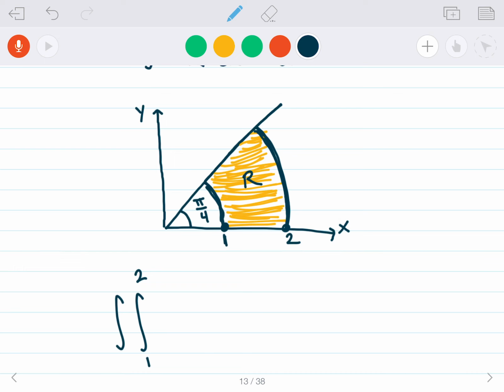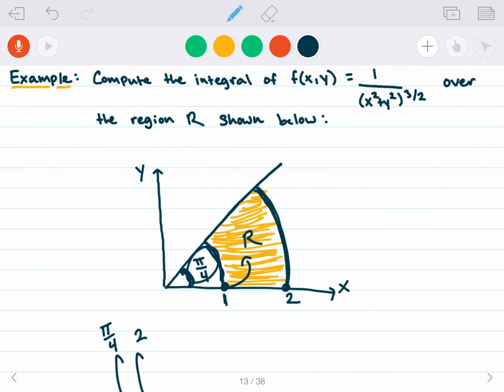Where is theta varying? Well, this region starts on the positive x-axis. That starts when theta is equal to 0, and it includes everything all the way up to theta equals pi over 4, this angle right here. So we're going from theta equals 0 to theta equals pi over 4. And what I'm integrating is this guy right here.